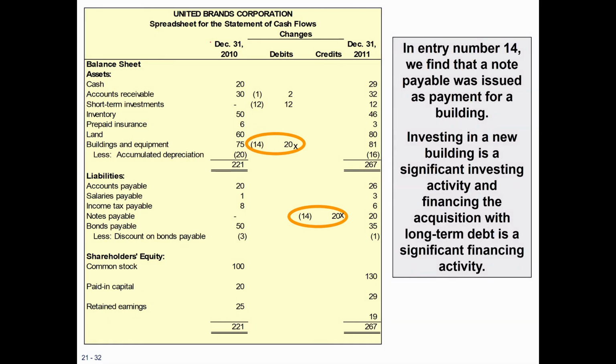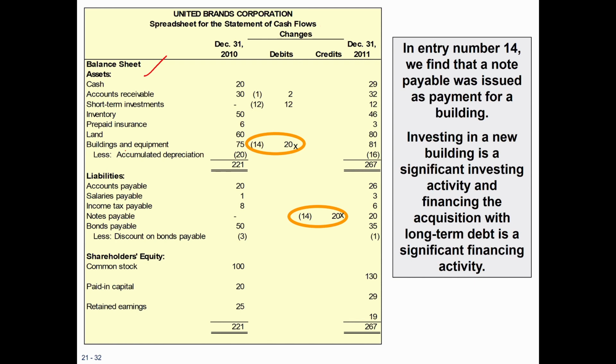Another example, let's see what else here. Okay, so another example is this: the buildings. You can see this is the cash flows, and this is the balance sheet spreadsheet.